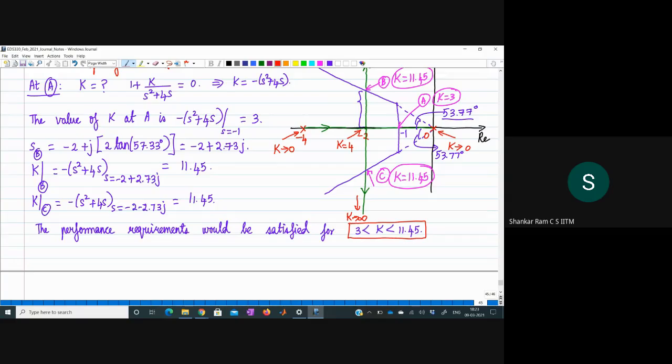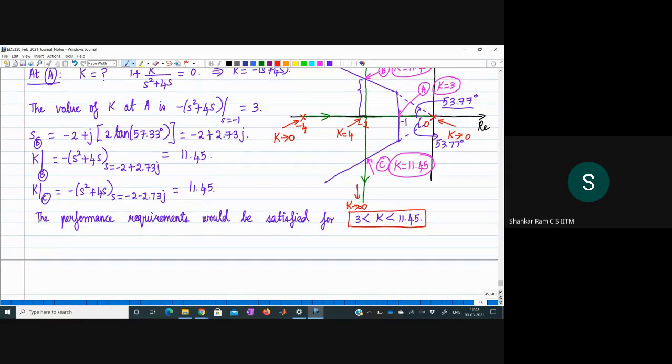We have been able to get a region of K wherein we will be able to ensure that the performance requirements of settling time less than 4 seconds and peak overshoot less than 10% would be satisfied.